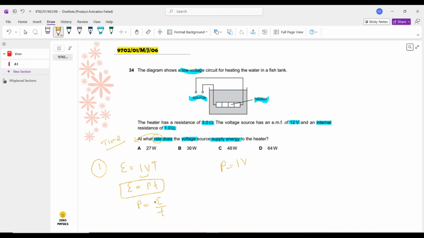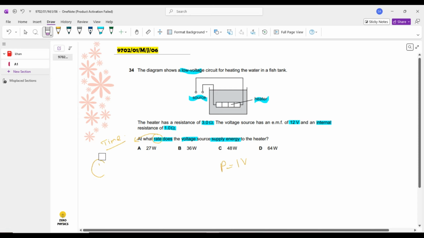On the other hand, the simple definition for power is how fast the energy is consumed. It means at what rate the energy is consumed. So this was the key concept.